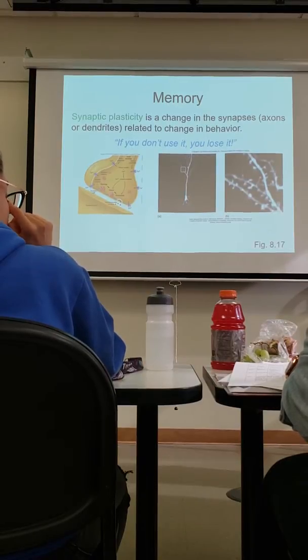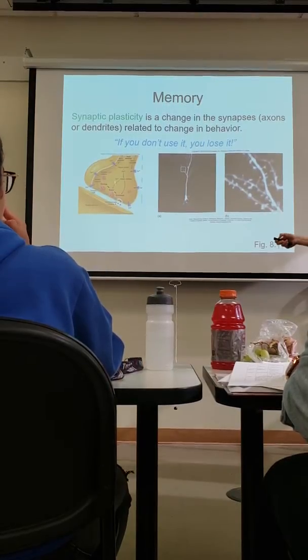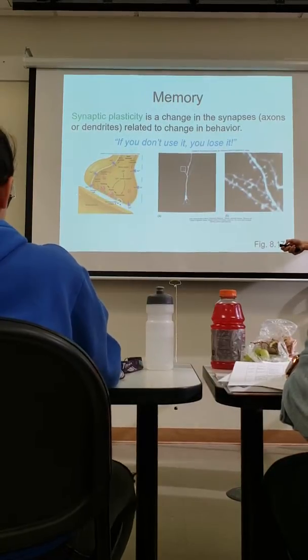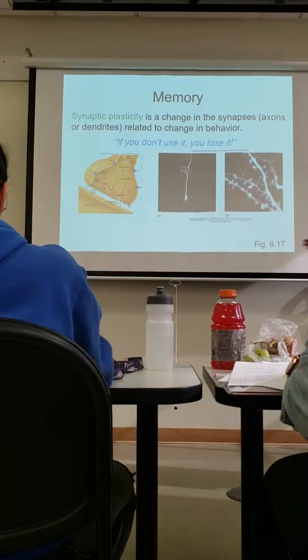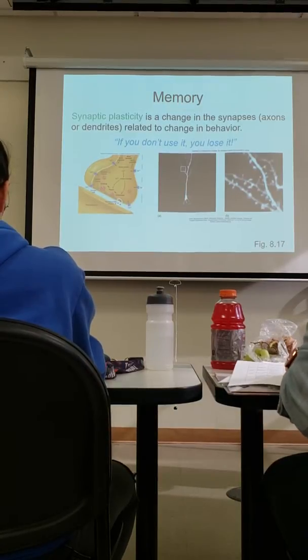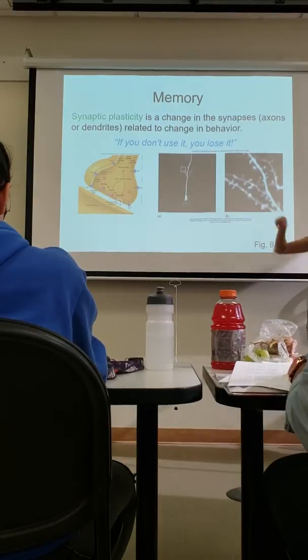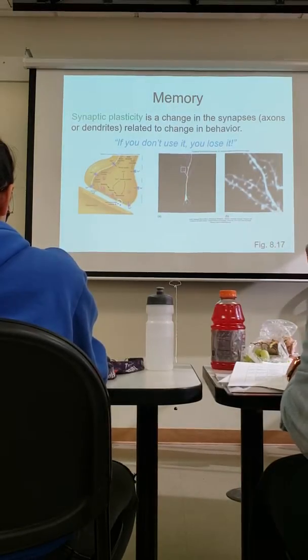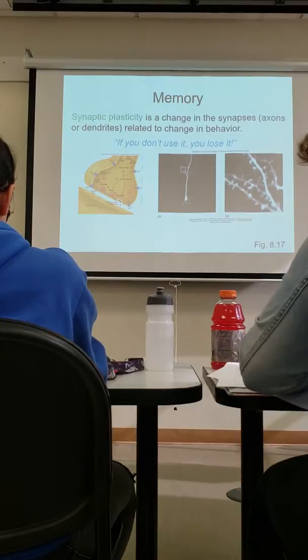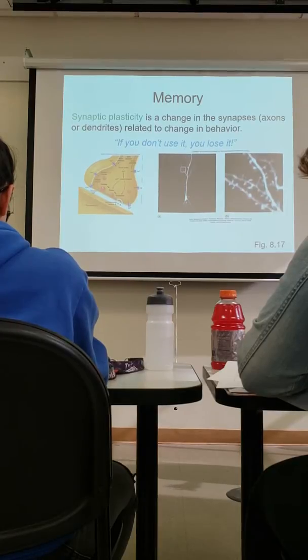The idea is that as long as you keep using these connections, keeping these neurons communicating, these synapses will stay strong and healthy. They'll communicate better and more efficiently, and by doing so, you can actually see, they take pictures and see new dendrites growing, new axon terminals growing. The more dendrites and axon terminals you have, the better your synapse works, the better your neurons communicate, the better that area is functioning, right?